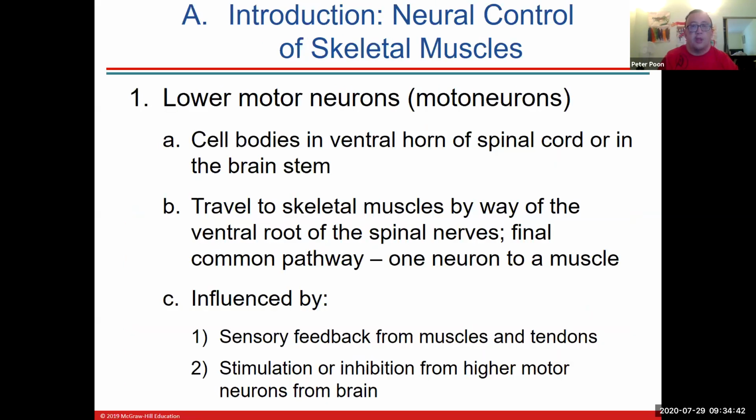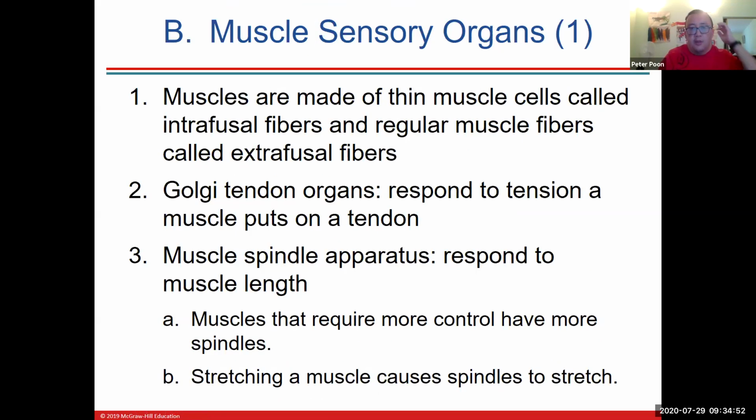Okay, so motor neurons, skeletal muscle. Now muscle sensory organs. Muscles are made of muscle cells called intrafusal fibers, and regular muscle fibers called extrafusal fibers.